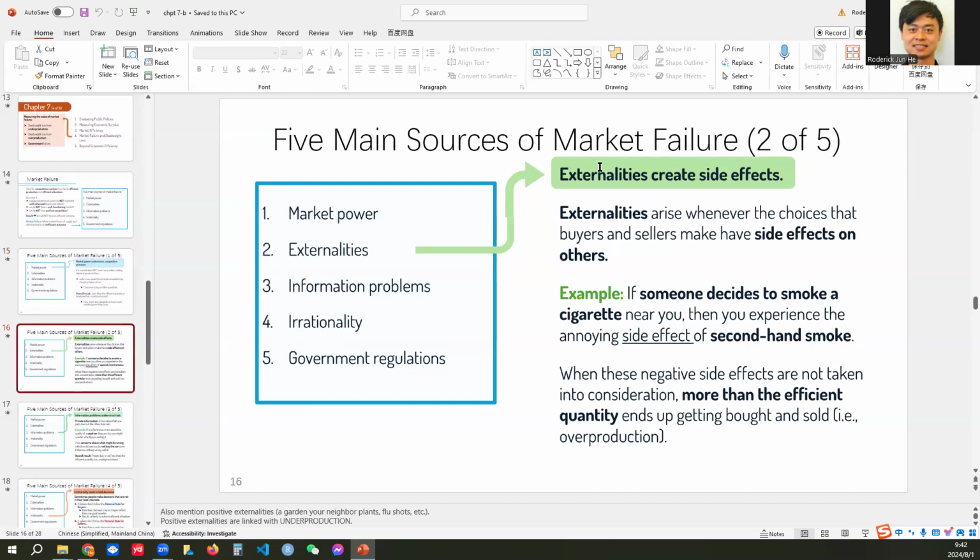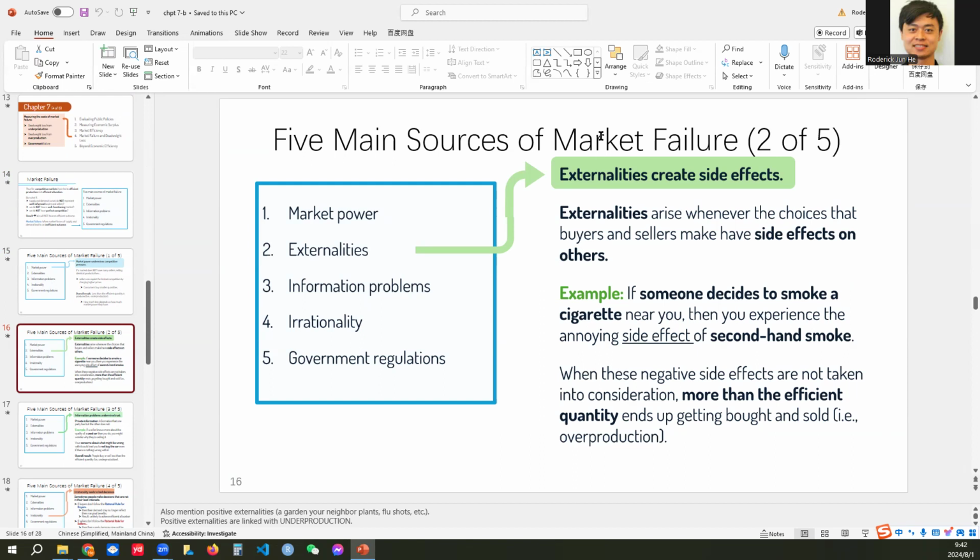So the second one is externality. Externality arises whenever the choices that buyers and sellers make have side effects on others. For instance, if someone decides to smoke a cigarette near you, then you experience the annoying side effect of secondhand smoke. But if they are not banned, even if you ask them, hey, could you not smoke near me, I have an allergy or whatever, they may say, there is no law banning me from that, and they're still going to do that.